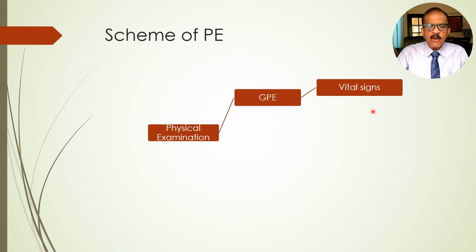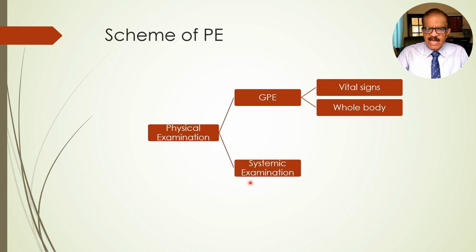All those patients who are admitted and who are potentially serious must have all their vital signs recorded, and in fact they are monitored on every visit. On every round, in the morning, afternoon, and evening, the nurses record the vital signs. Then we examine the whole body from head to toe. In systemic examination, we have divided the body into different systems. There is the cardiovascular system, which includes detailed examination of the pulse.